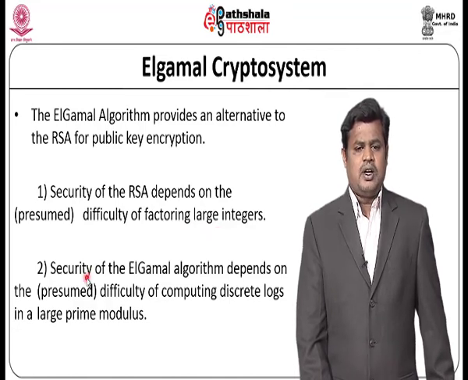But in the case of ELGAMAL, the security depends on the difficulty of computing the discrete log in a large prime modulus. So, this algorithm relies on the challenge of computing discrete logs, whereas RSA relies on the difficulty of factorization of large integers. Both come under asymmetric cryptography, but the main thing is how they handle the encryption process.